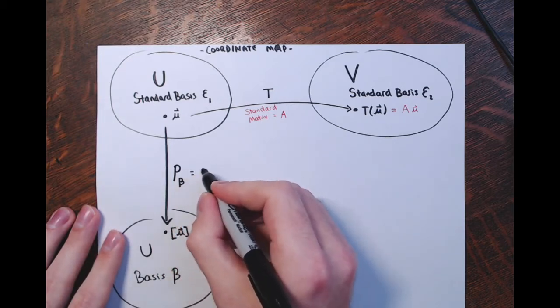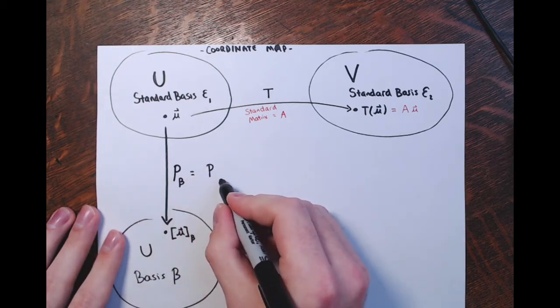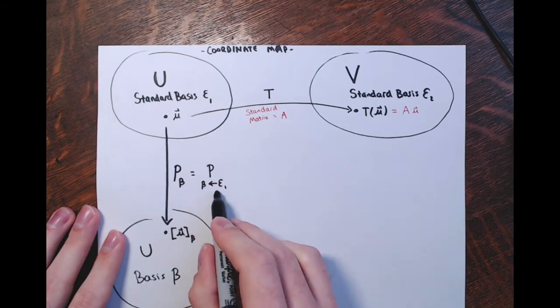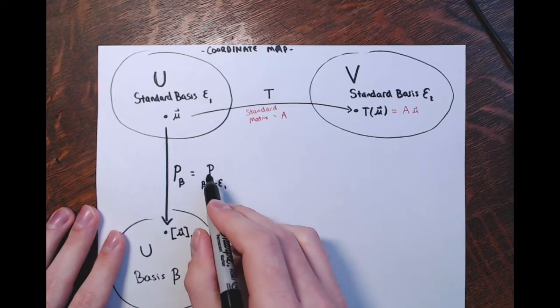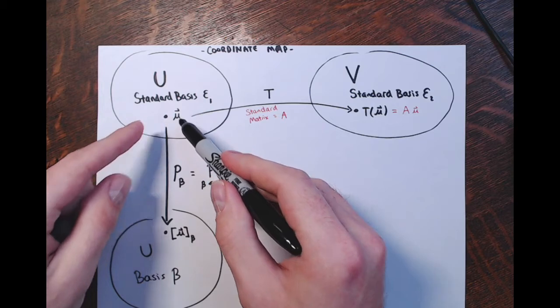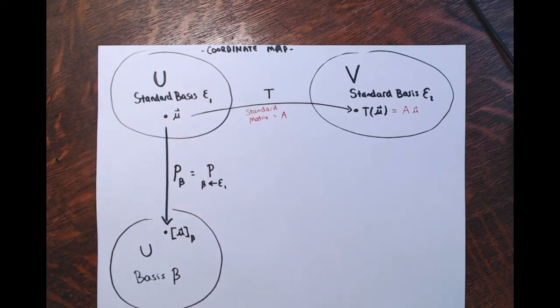Maybe you remember this notation a little better: I would go from E1 to B. You remember this notation with the arrow underneath the matrix? I'm translating coordinates relative to the standard basis into coordinates relative to basis B.